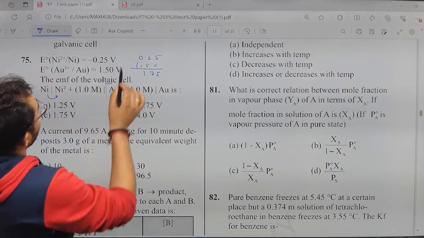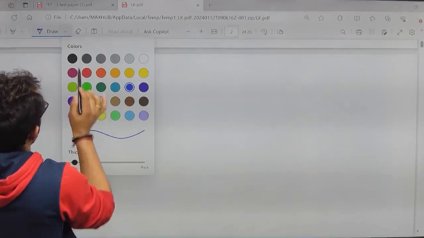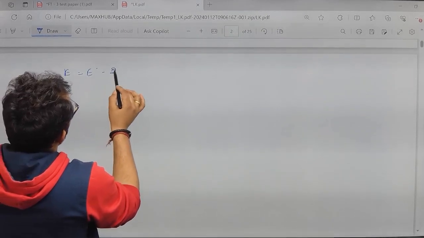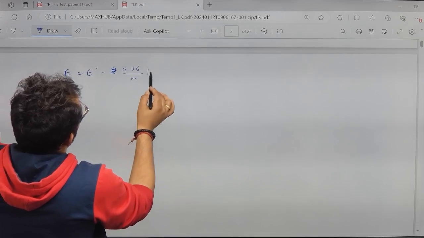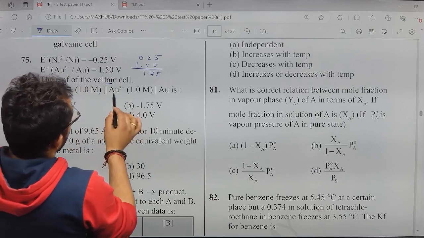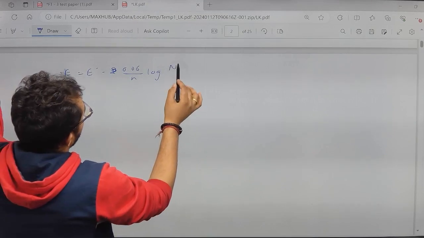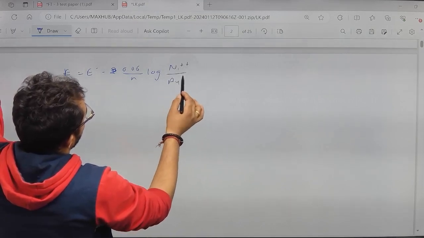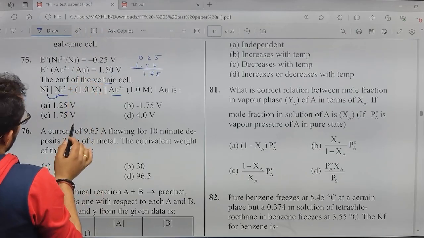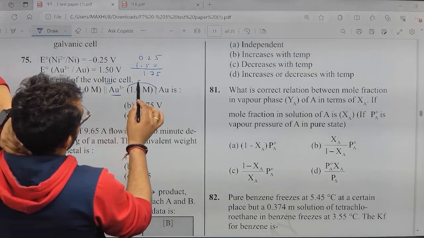Now I will see E is equal to E naught minus 0.06 upon n, log of the concentration of product, Ni2 plus, over reactant, Au3 plus. To balance it, you multiply the Ni equation by 3 and the Au equation by 2, because 2 electrons are involved in one and 3 in the other.